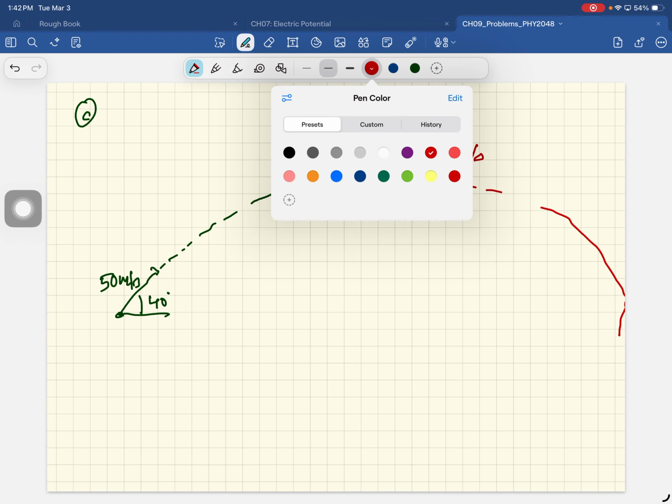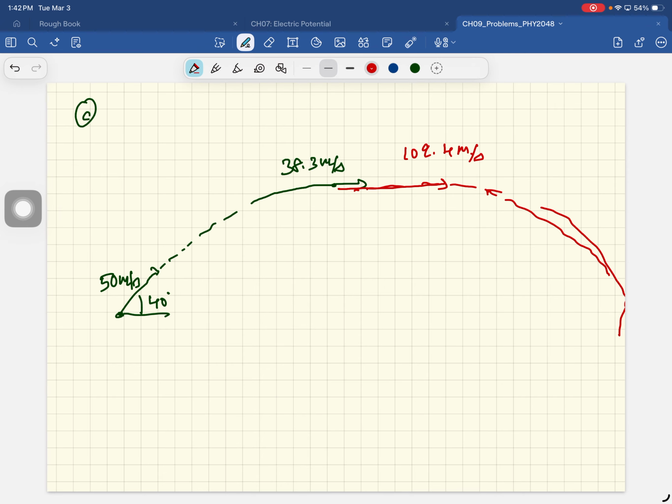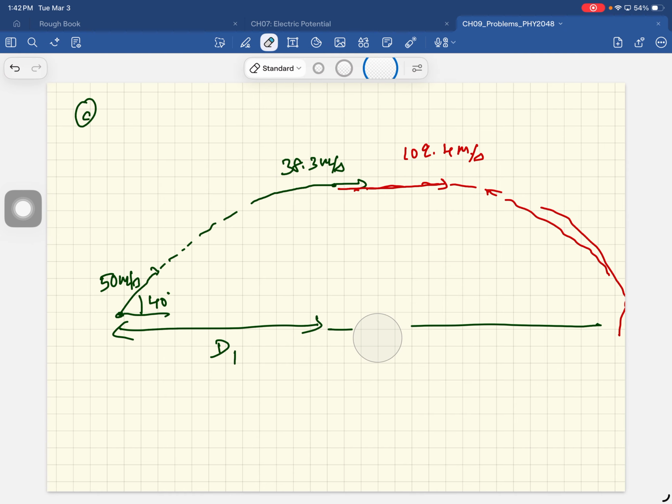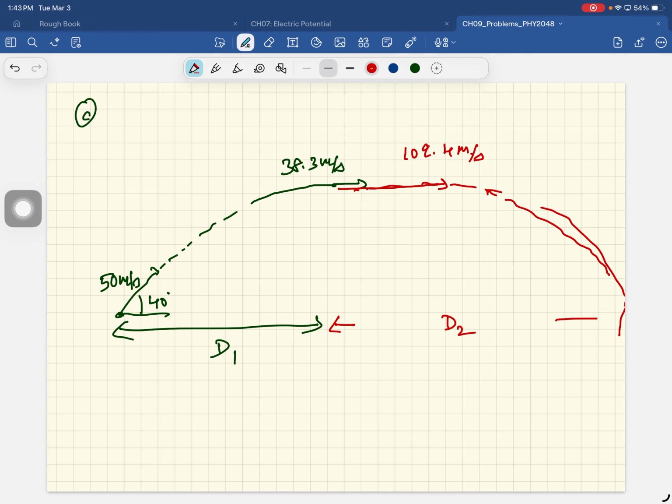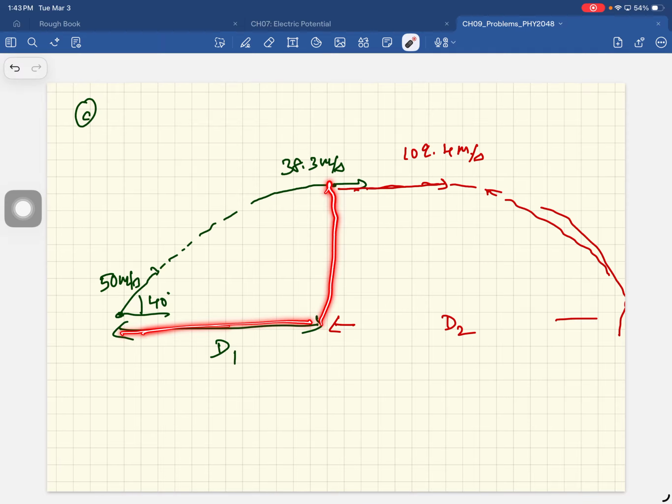So this distance that you traveled is x is 50 cosine 40 times 3.28. Okay, so 125 meters, and D2 will be just this velocity times this time.